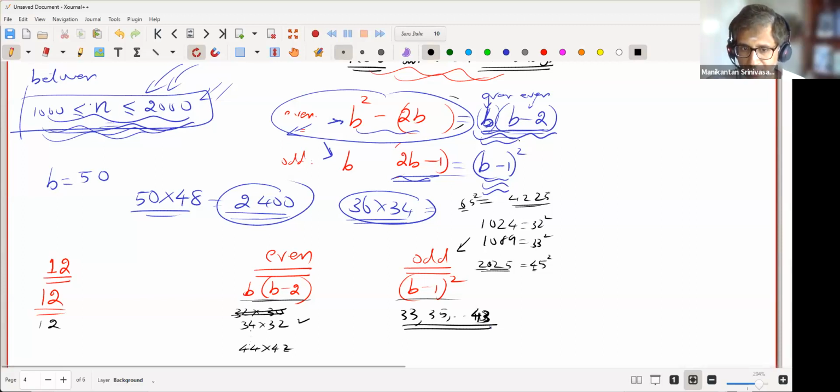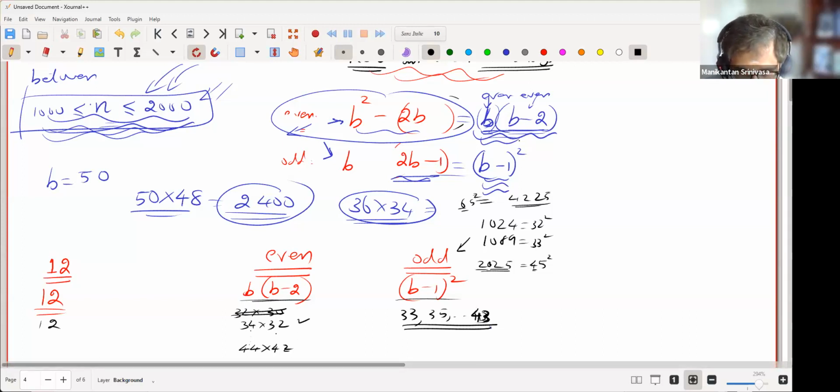If you go to 46 times 44, that'll be very close to 45 square, which will not work. It'll be 2024. But 44 will work. So 34 to 44, all even numbers. 33 to 43, all odd numbers.